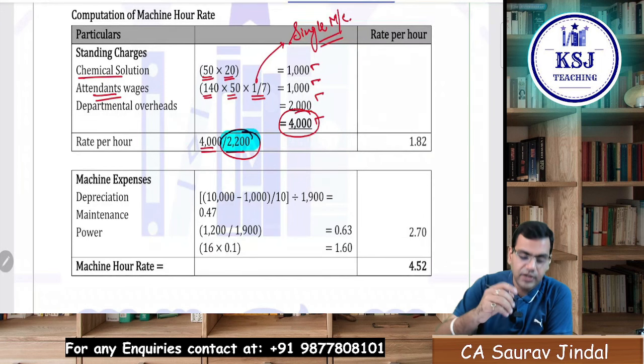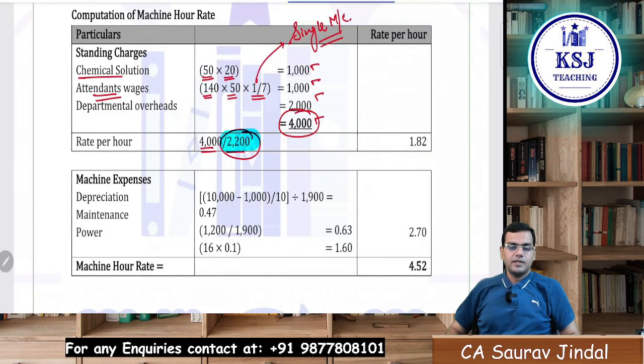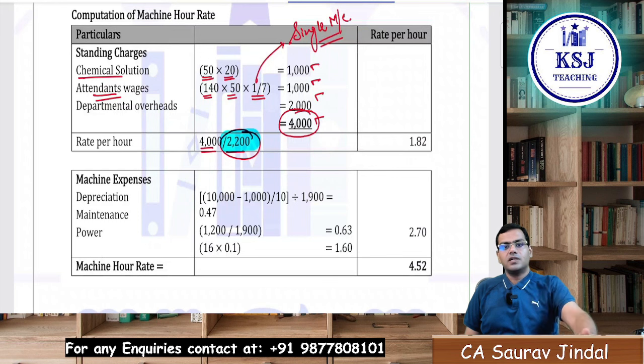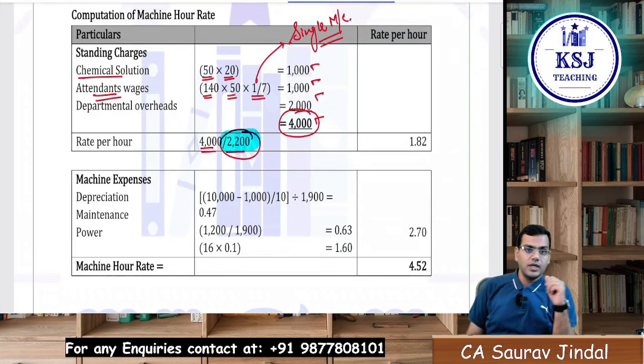I have already told you, when we are calculating the machine hour rate and we are talking about the fixed overheads, the fixed overheads are not dependent upon how many hours your machinery is involved in the manufacturing. Rent, if you are paying 50,000 rupees for the building, you will pay it whether the machine is running for 1900 hours or for 2200 hours.